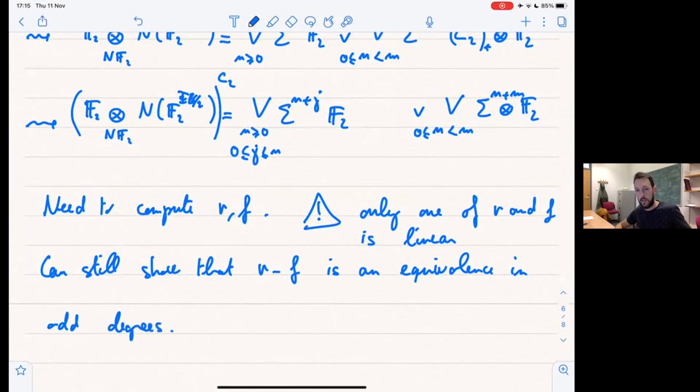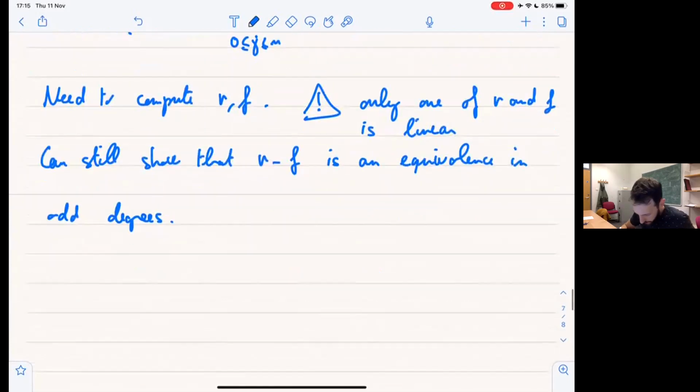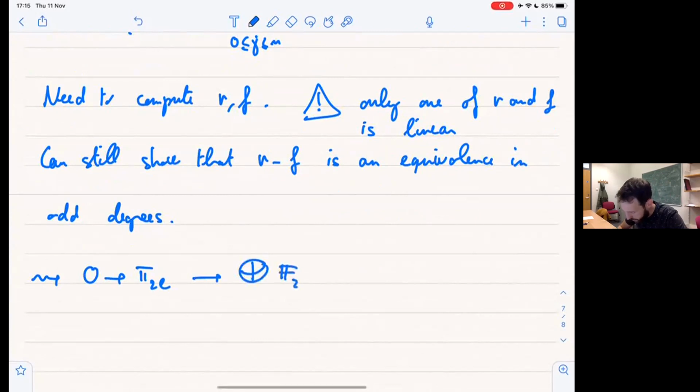Because you get to only test in homotopy groups. So the long exact sequence defined by this equalizer, or by R minus F, splits, and you get π_{2L} of what you wanted mapping into some big sum of F2s. Then you've got your map R minus F to some other big sum of F2s, and then the lower homotopy group that you want to compute.